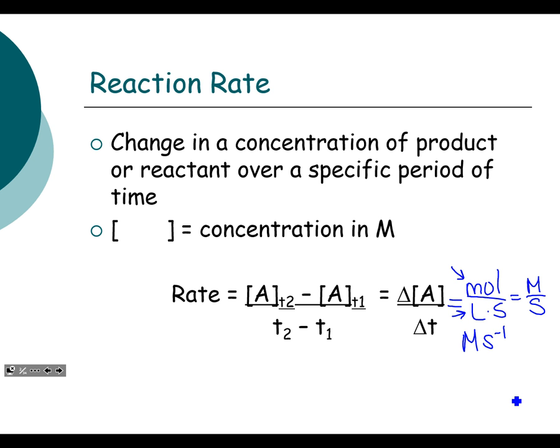So there are a couple different ways you can write this unit. You can write it as moles over liter second, which we have here. You can write it as molarity over second. Or you can even write it as molarity times the inverse second. So just be aware there are a lot of different ways you can see the exact same unit written.